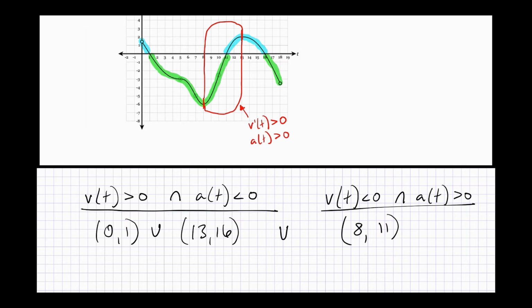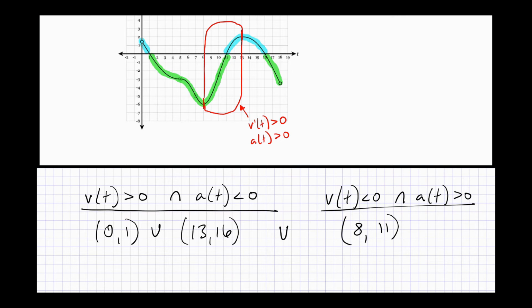Exactly. So you could put two things. I like what you, Raj, said better because it's shorter: velocity and acceleration have different signs. Or you can put because velocity is greater than 0 and acceleration is less than 0, or velocity is less than 0 and acceleration is greater than 0.